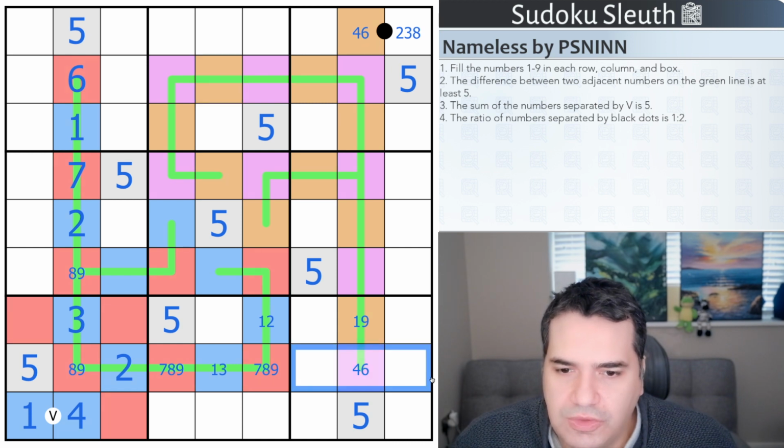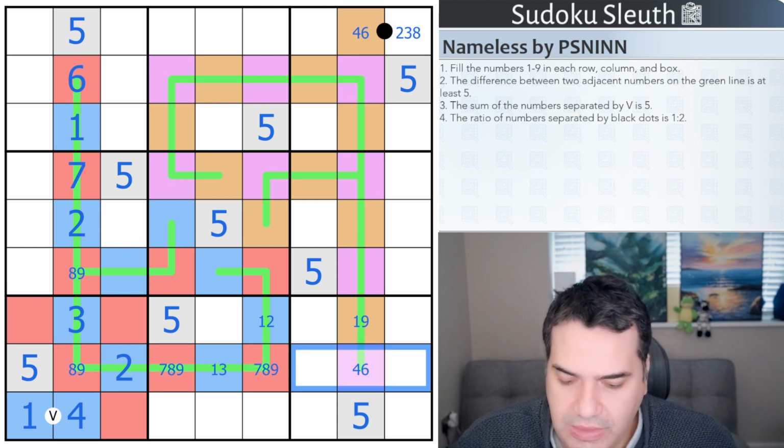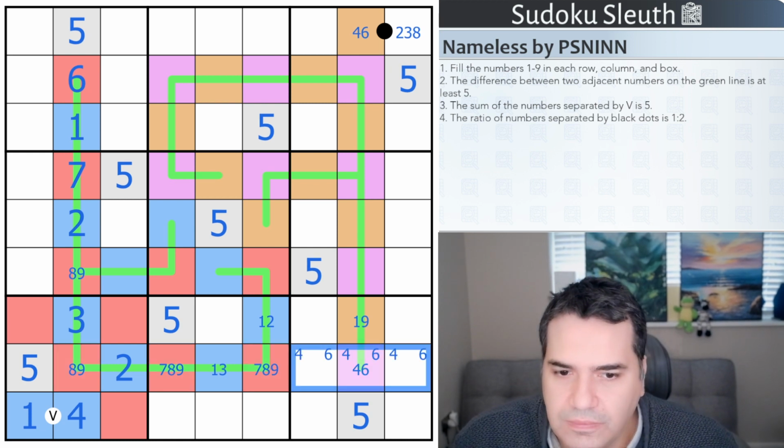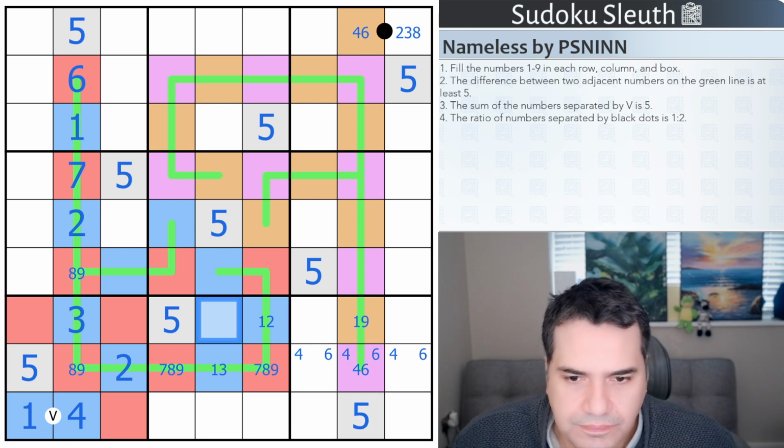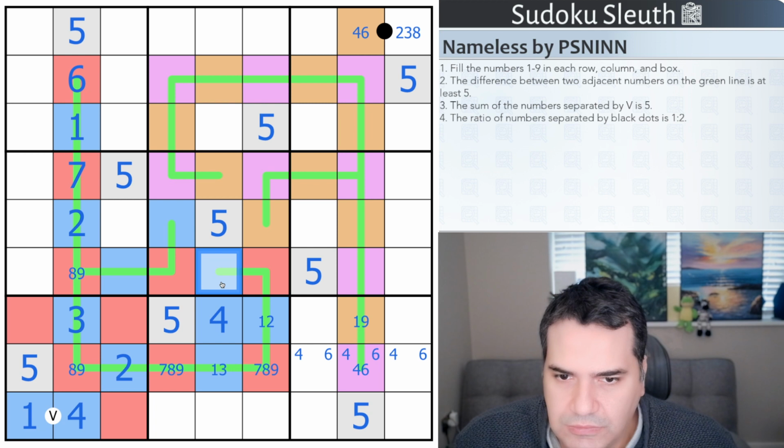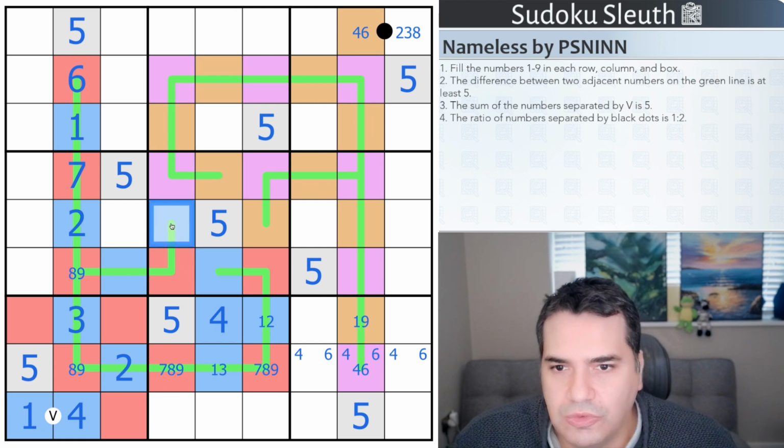You can see that 6 is definitely in here, because in fact 4 and 6 are both there. So that's interesting. Which also means this is a 4. That's not a 4. Doesn't exactly help me. That could be a 4.